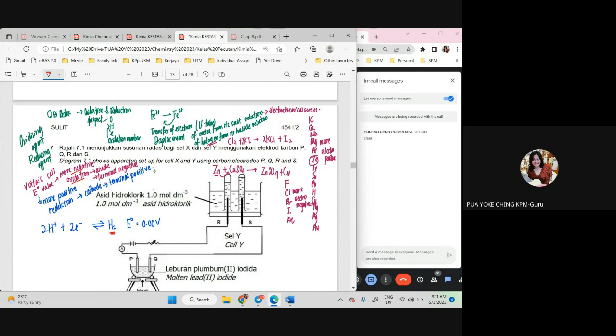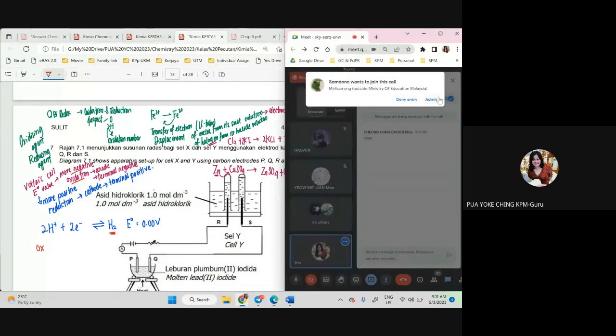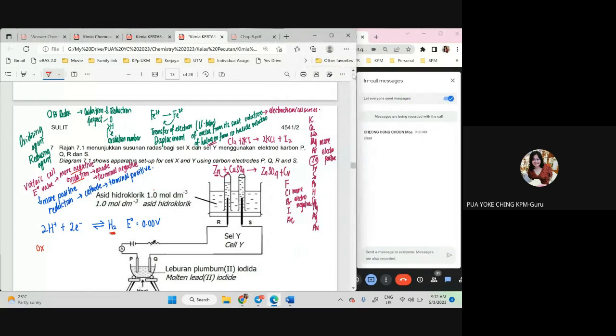Terbalikkan dia. So oxidation half equation, kamu akan tulis H2 jadi 2H+ + 2e-.